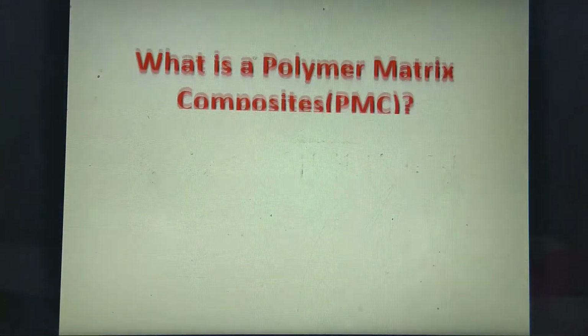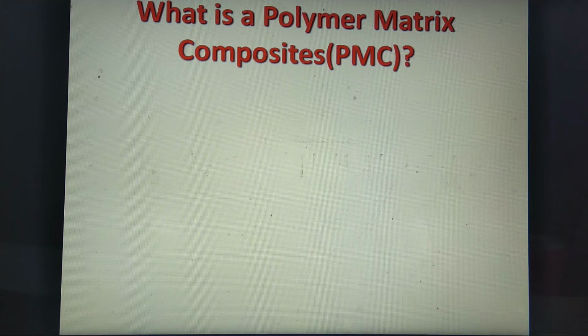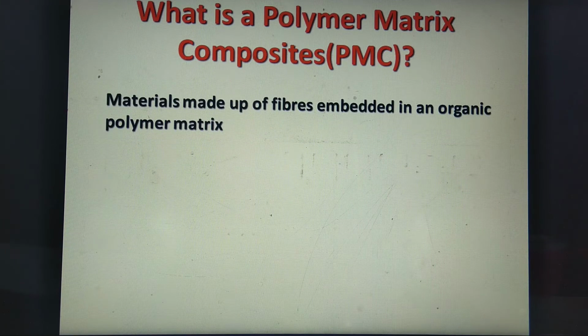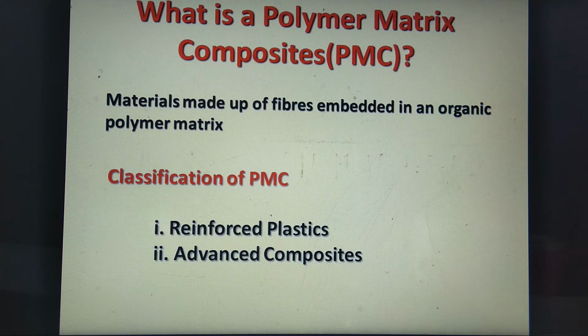Now we discuss what is meant by polymer matrix composites. It is defined as a material made up of fibers that are embedded in an organic polymer matrix. These fibers are introduced to enhance selected properties of the material. The polymer matrix composites are classified, on the basis of strength and stiffness, into two types.